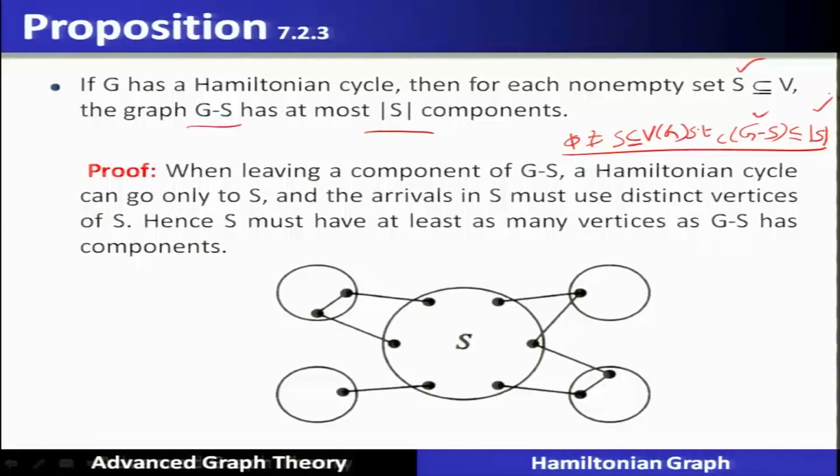So, let us see the proof. Let us take this as G minus S and this is S. When this S is removed, there will be components: component number 1, component number 2, component number 3, component number 4. 4 components will be there.